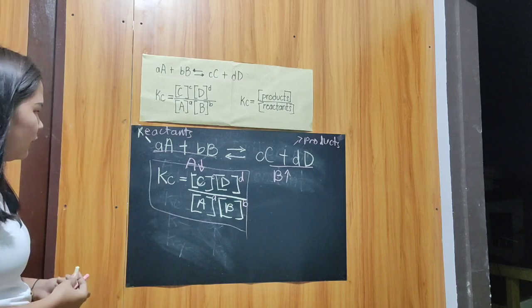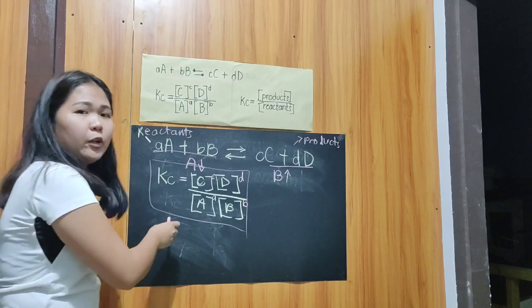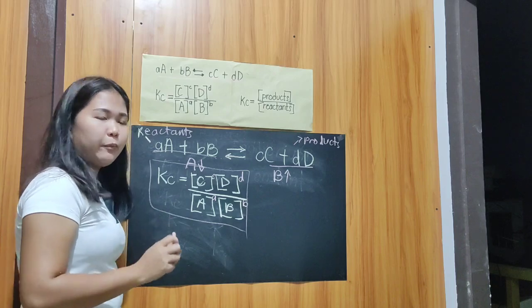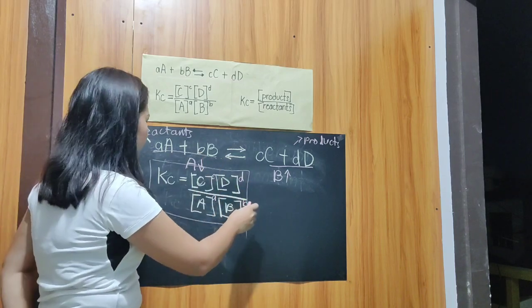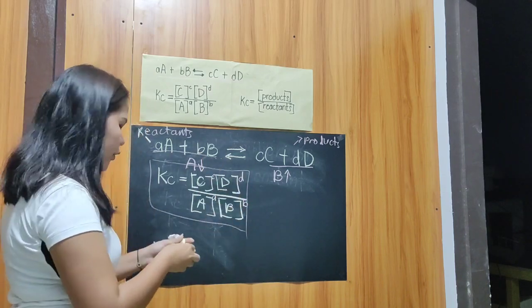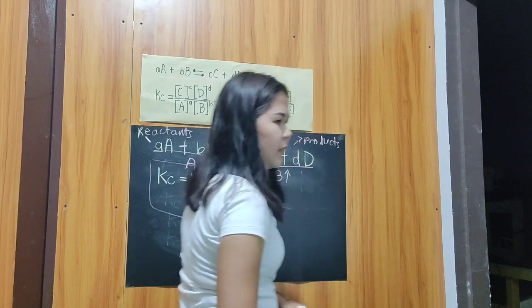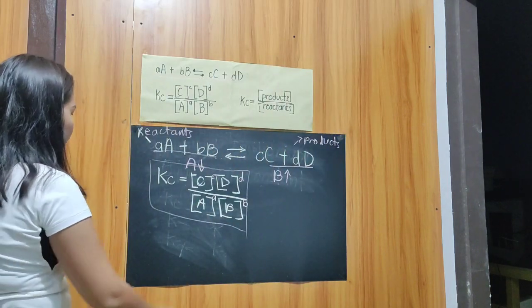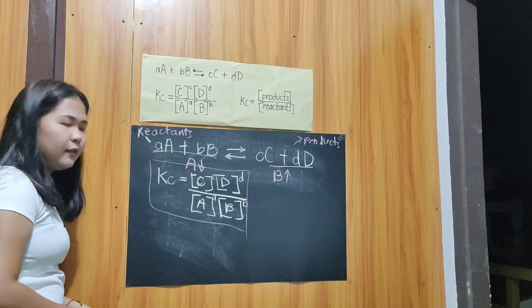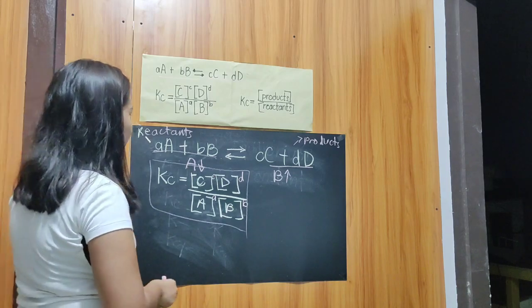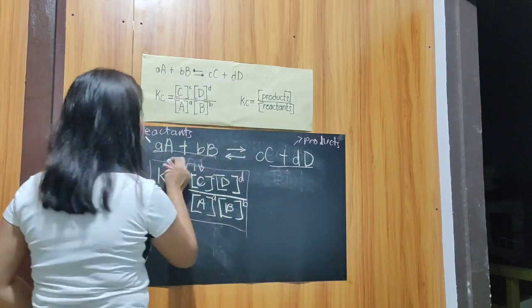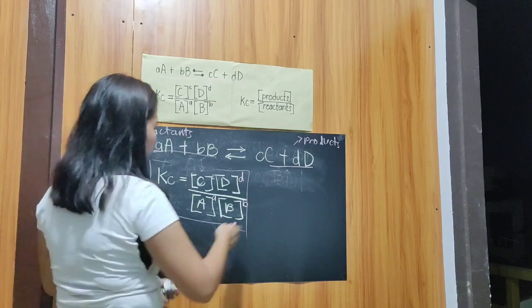So we also have equilibrium partial pressure. So we have to solve, we have here, so kung ganina siya is Kc, siya naman is Kp.